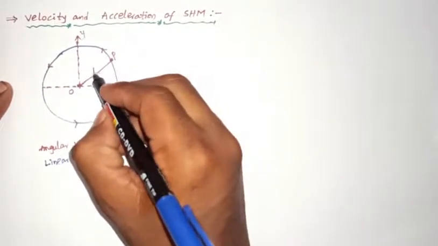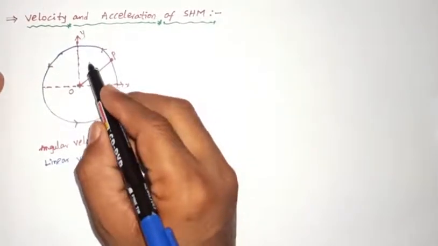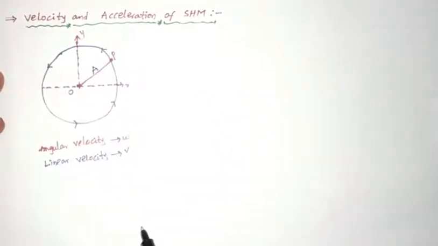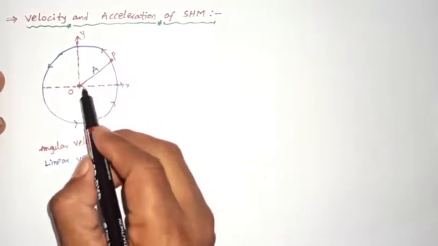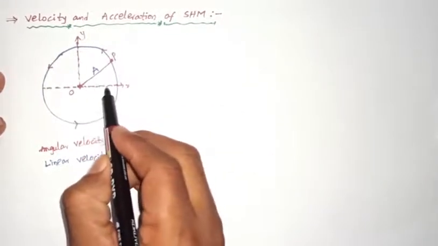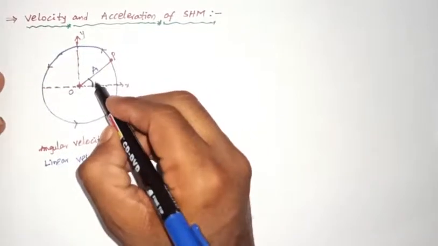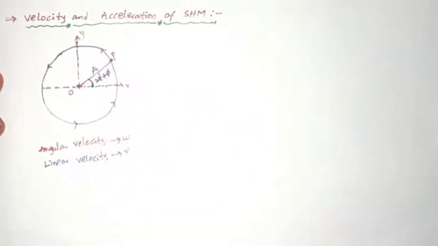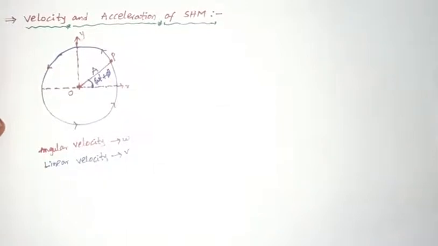Here the radius is capital A. The particle moves with an initial phase angle. The angle is omega t plus pi.